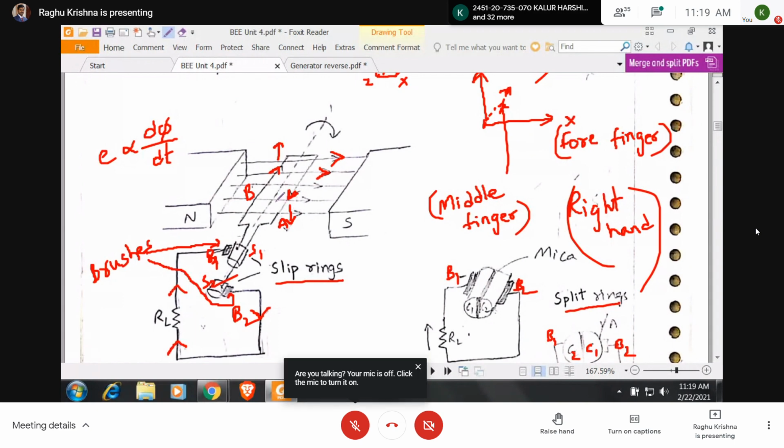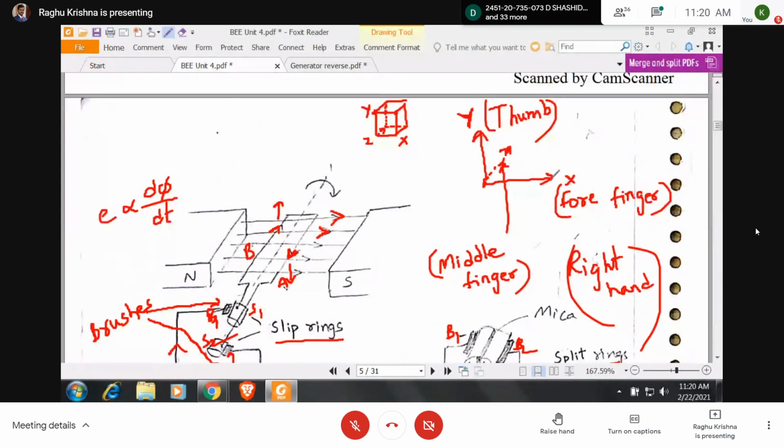Place the forefinger in the direction of the field and the thumb in the direction of the motion of the conductor, then the middle finger gives the direction of the induced EMF, hence the current. So in this B you are going to get this current. Similarly, applying Fleming's right-hand rule, you get the direction of the current in conductor A like this. Is it clear?